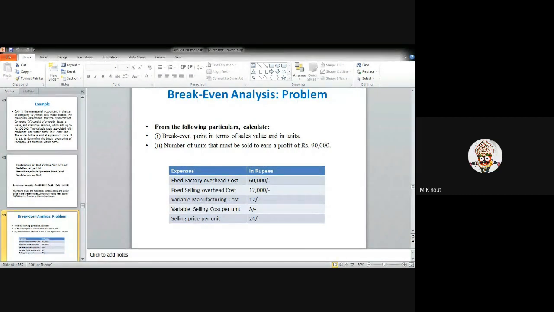Has anyone already solved this particular break-even point? Sudipta Raut. Okay, Simran Das has given 9,000. Simran Das, you have already given. Yes. Suchita Patnaik. Okay, fine.